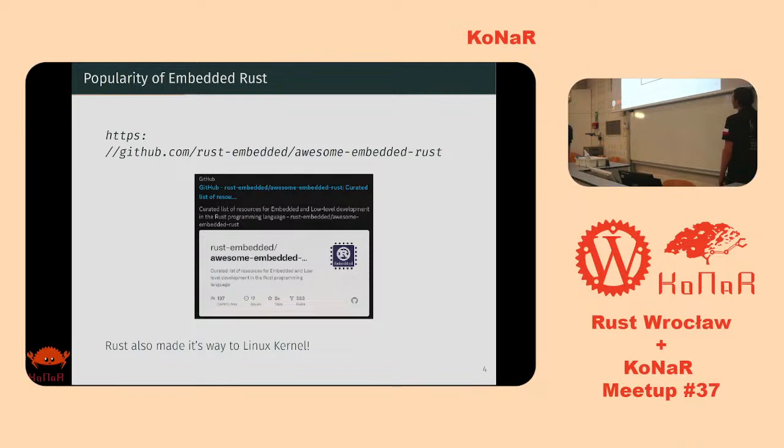And as a bit of a fun fact, Rust also made its way into the Linux kernel. It's currently used to develop toolchain, but I hope we'll get more of it there soon.